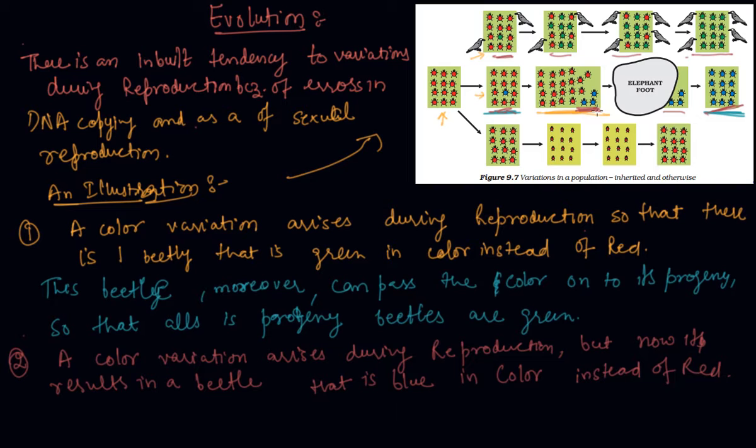Crows can see blue colored beetles in the green leaves of the bushes, as well as they can see the red ones, and therefore they can eat them. What happens initially in the population as it expands? There are a few blue beetles, but most are red. But at this point, an elephant comes by and stamps on the beetles.